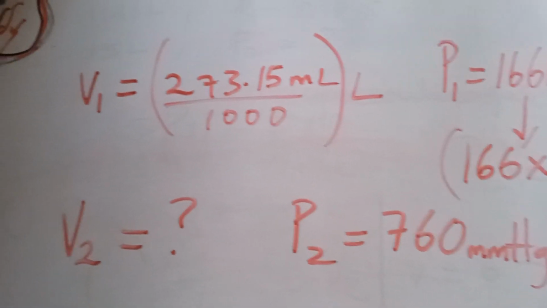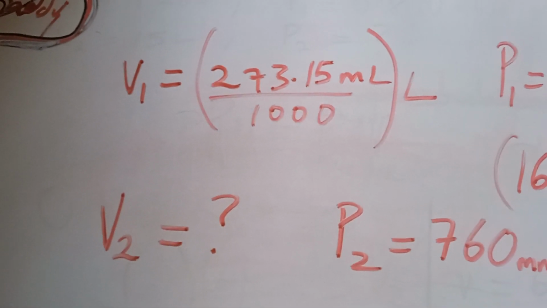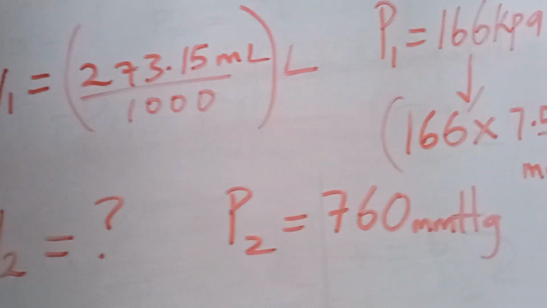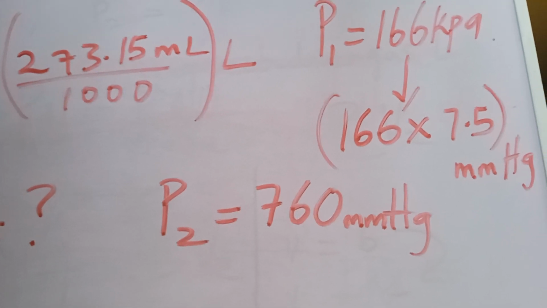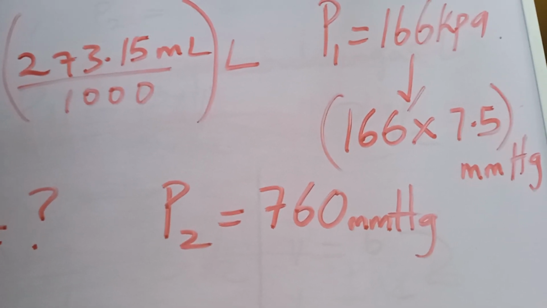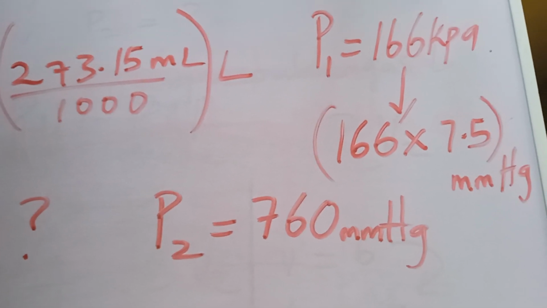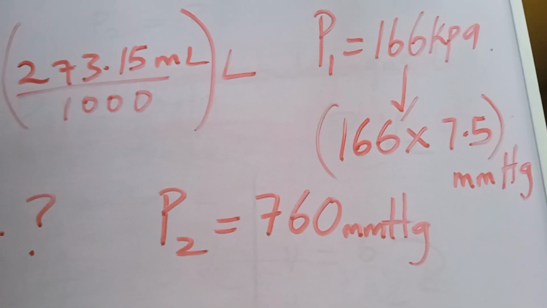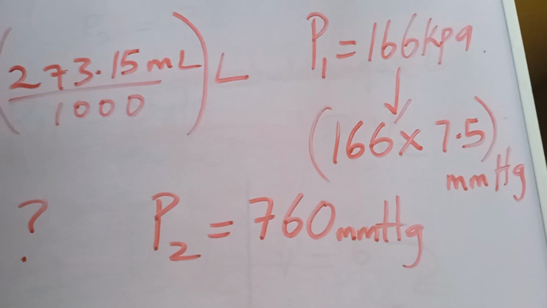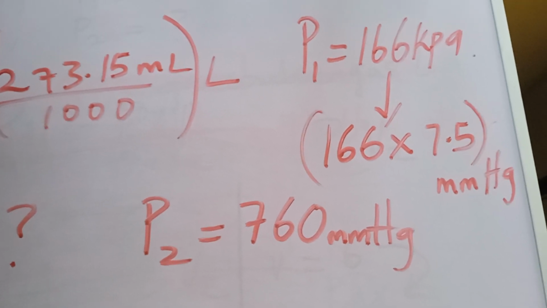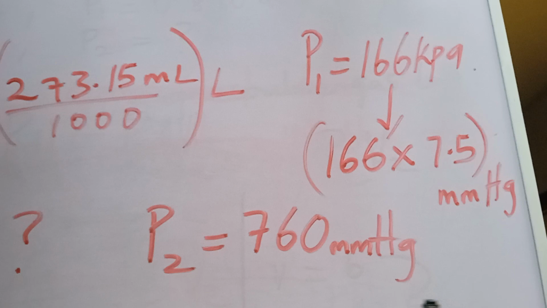You need to know that at STP, volume is in liter and pressure is in ATM, or better still millimeter mercury. At 760 millimeter mercury we have 1 ATM, and at 1 ATM we have 101.3 kilopascal.